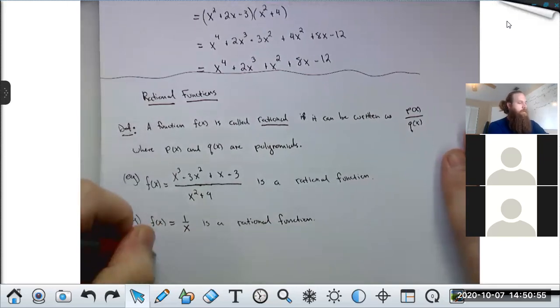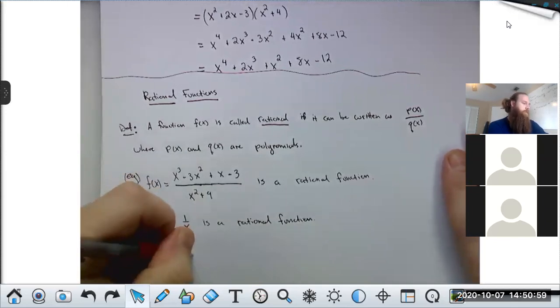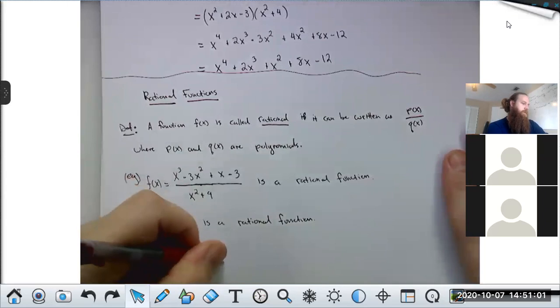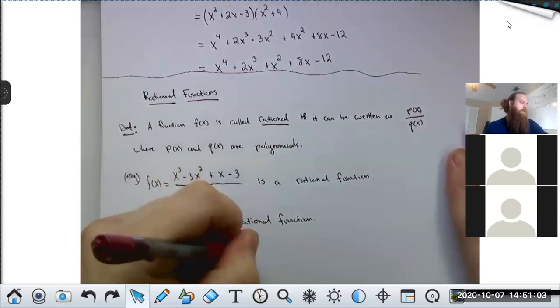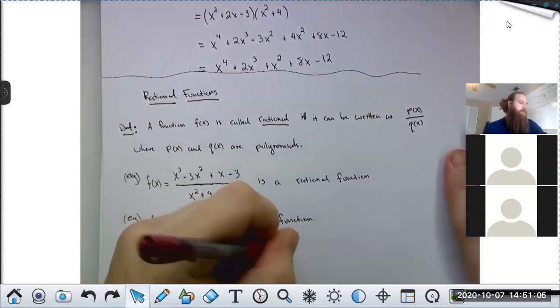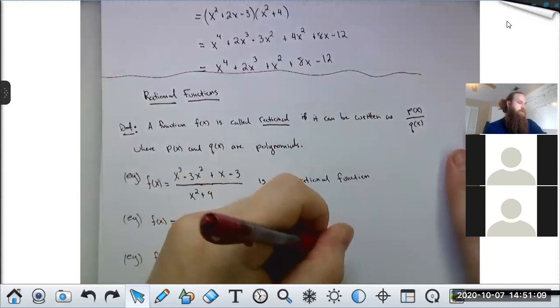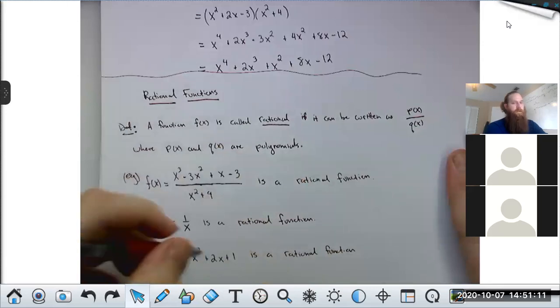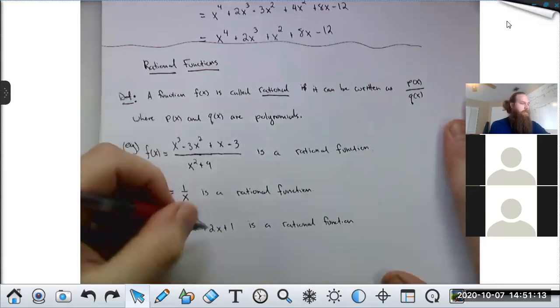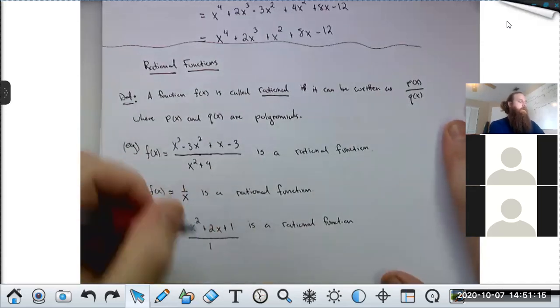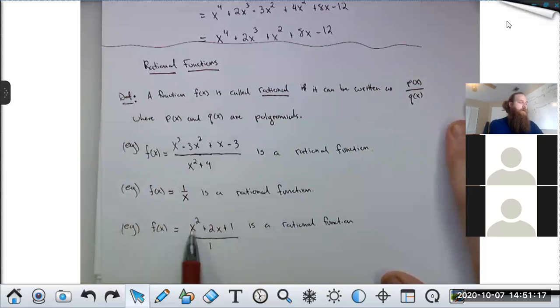It's kind of silly, but any polynomial on its own is a rational function, because I can think of this guy as himself divided by 1. And the quadratic upstairs, along with the constant downstairs, both of those are technically polynomials.